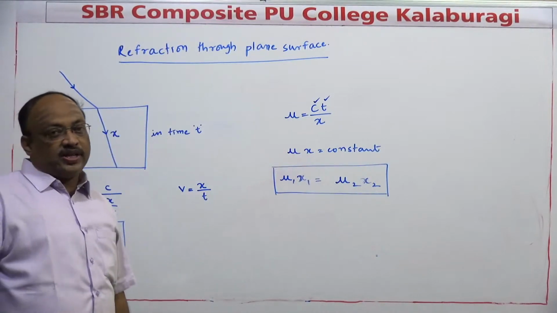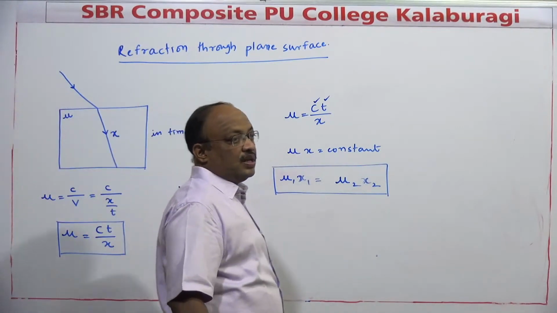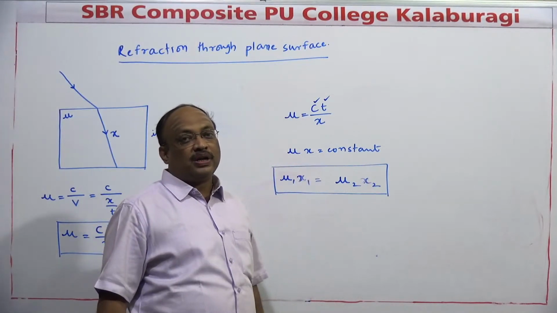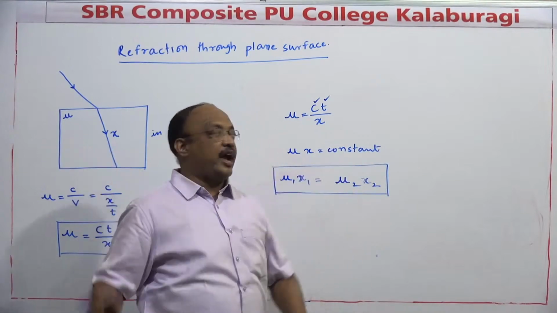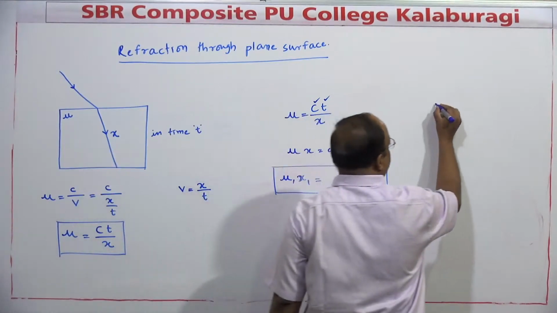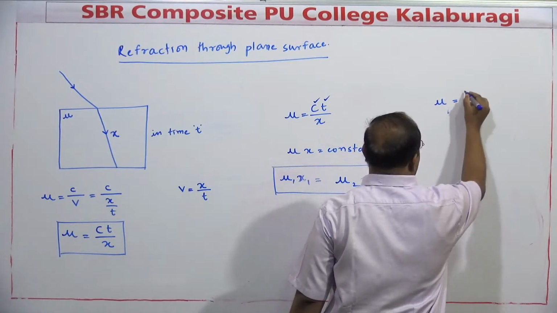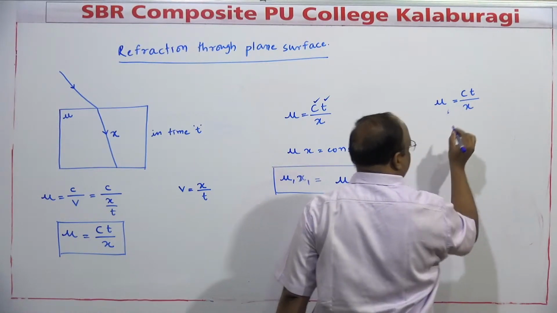Next, in two different mediums the same distance is traveled, but that distance is covered in two different time durations. Mu is equal to ct by x.